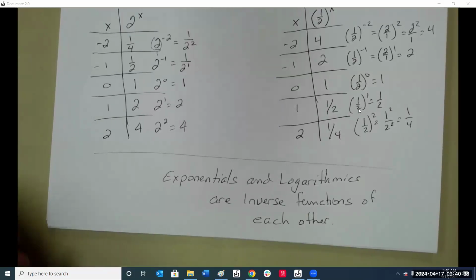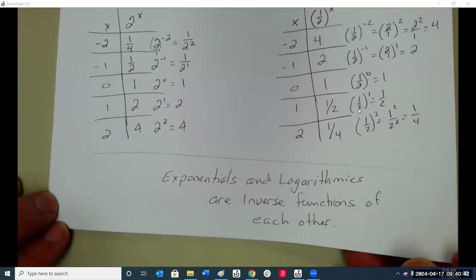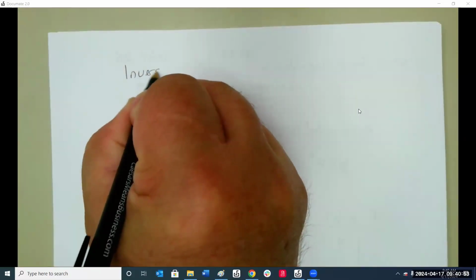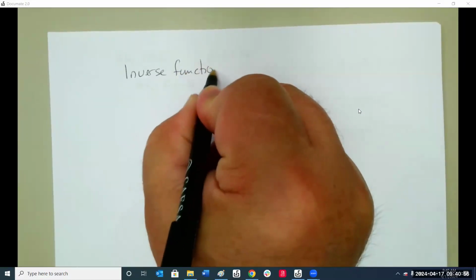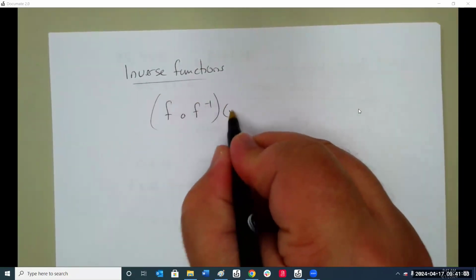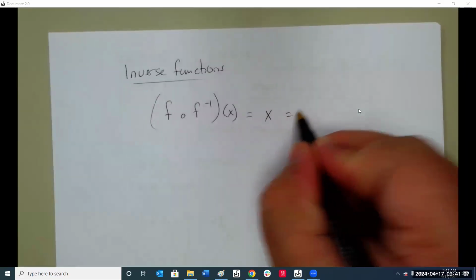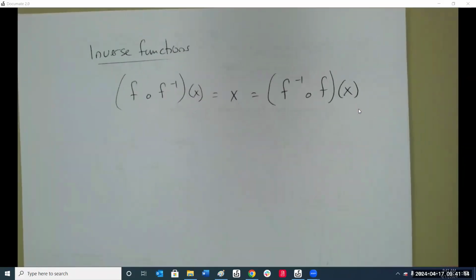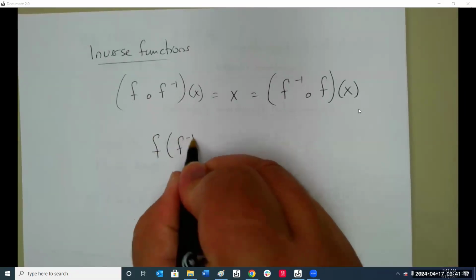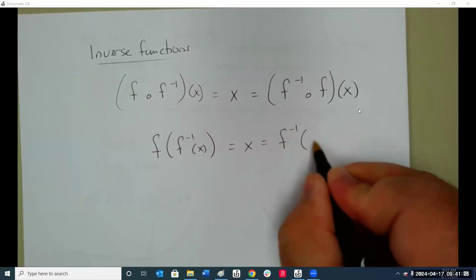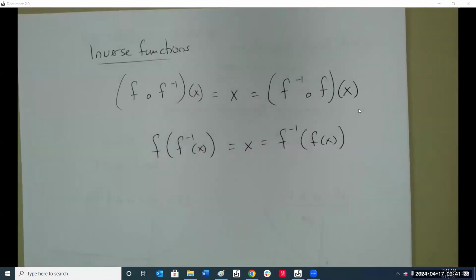The composite, f of g and g of f. Yes, X has to equal X. So inverse functions have to satisfy this condition.